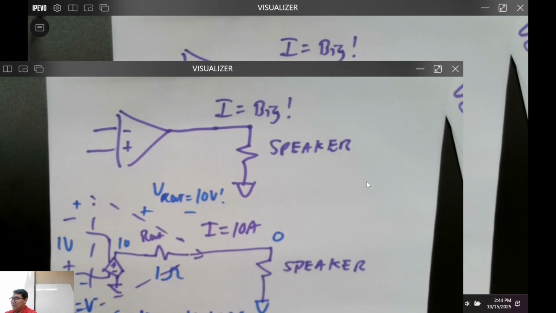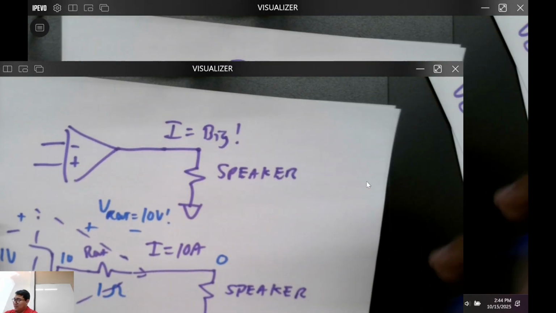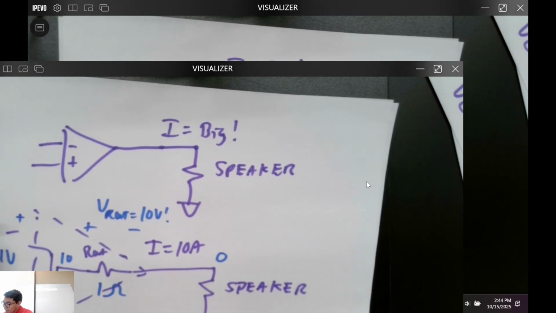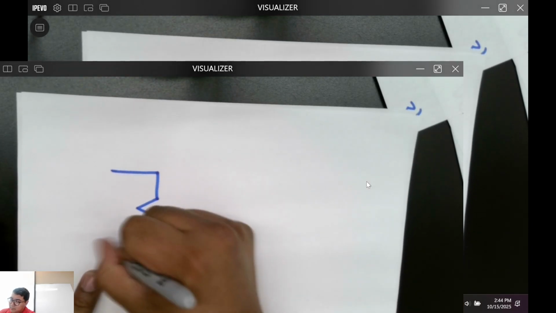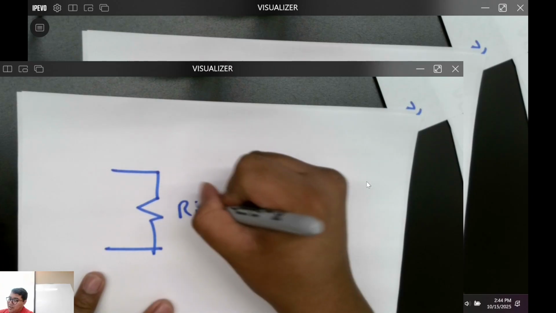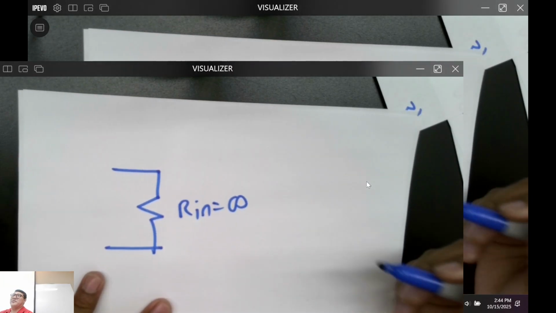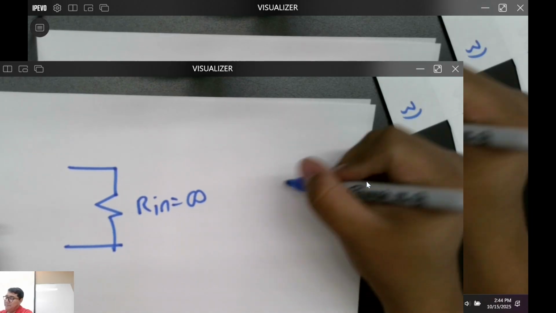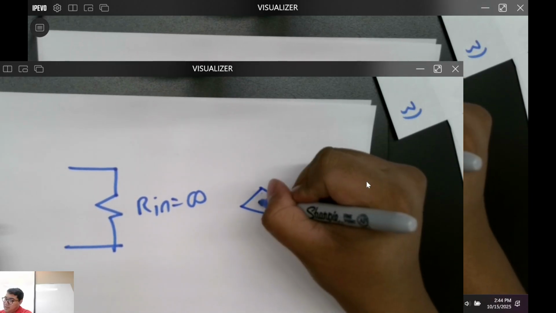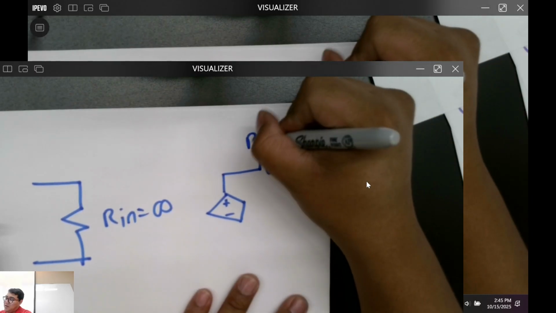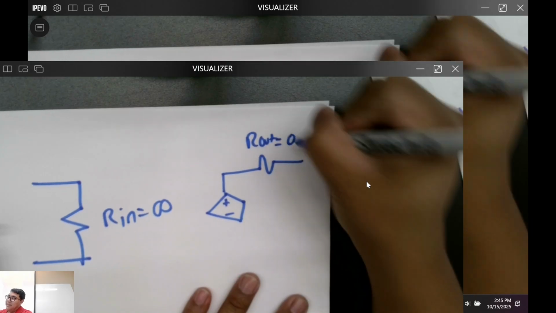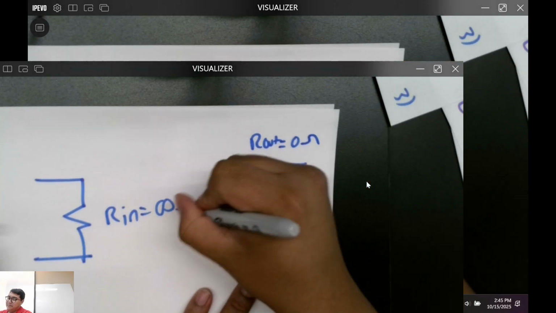Like if I were to do another page, it's a little difficult. Let me see. I just said R in is equal to infinity. You have infinite resistance, plus minus. And then I just said R out was equal to 0 ohms.